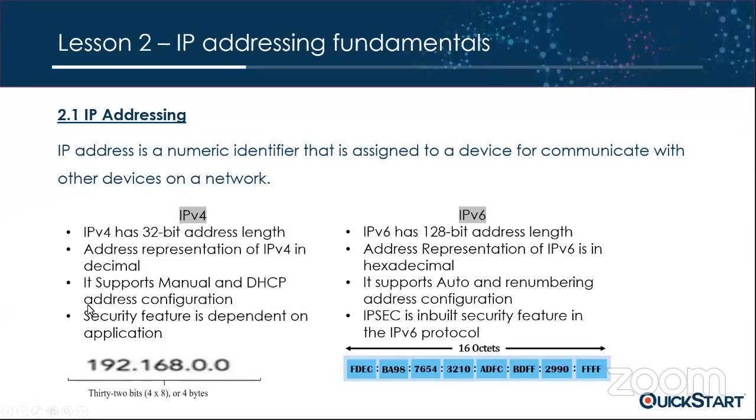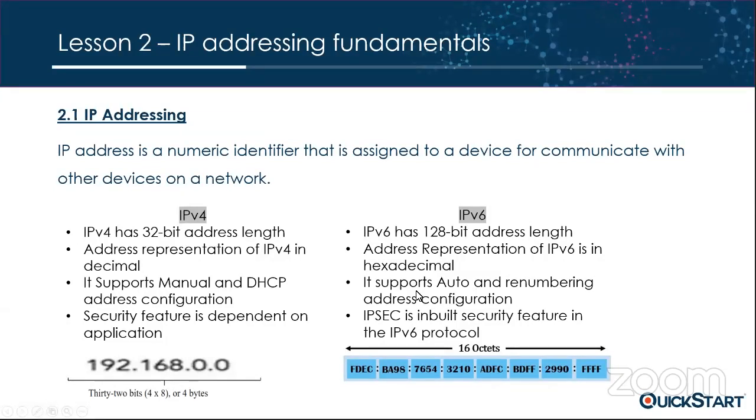So the third point is that it supports manual and DHCP address configuration. There are two types of configuration in IPv4. The manual, where you enter it manually by going into each device, or you can set up a DHCP controller, right? And that controller would give IPs to the devices automatically. IPv6 doesn't need that.